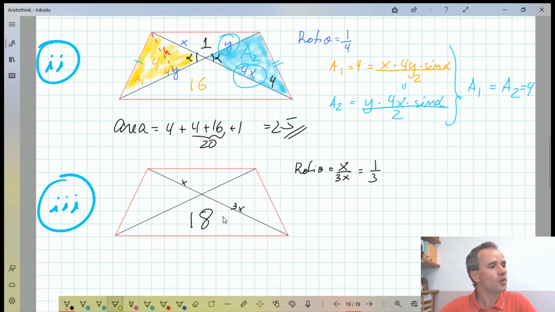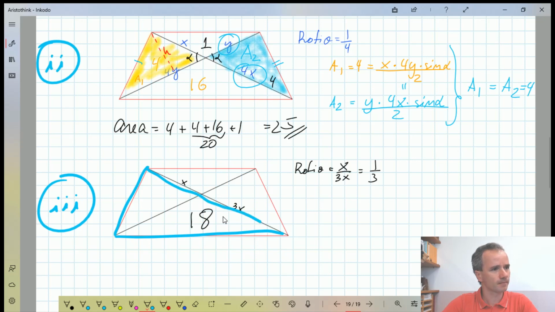Well, first we could think about this triangle in here. That would be the first thing I would do. You see? And we can think about this triangle, the blue, and we can say something about this other triangle in here.